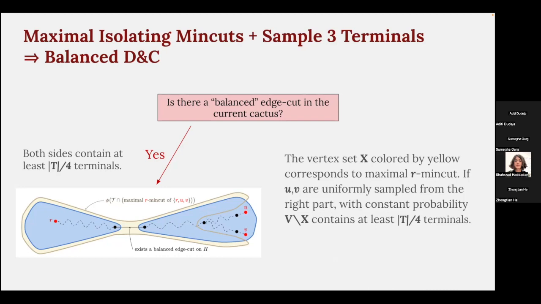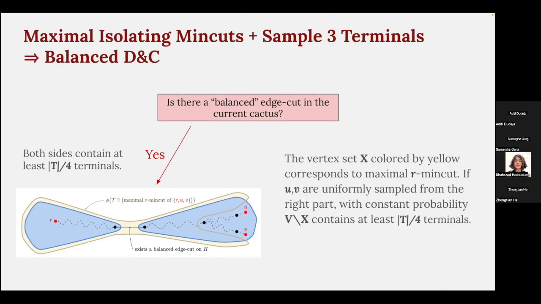Let me ask you this. I think the confusion here is that you said the balance is between these two blue parts, and now you're saying something else. So how do we prove this? We assume there exists a balanced edge cut, but the actual min cut that the algorithm returns may not be this blue one.